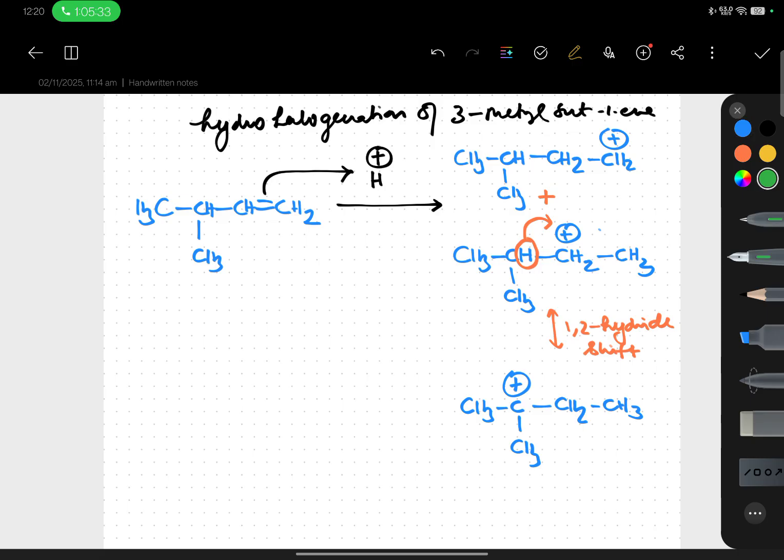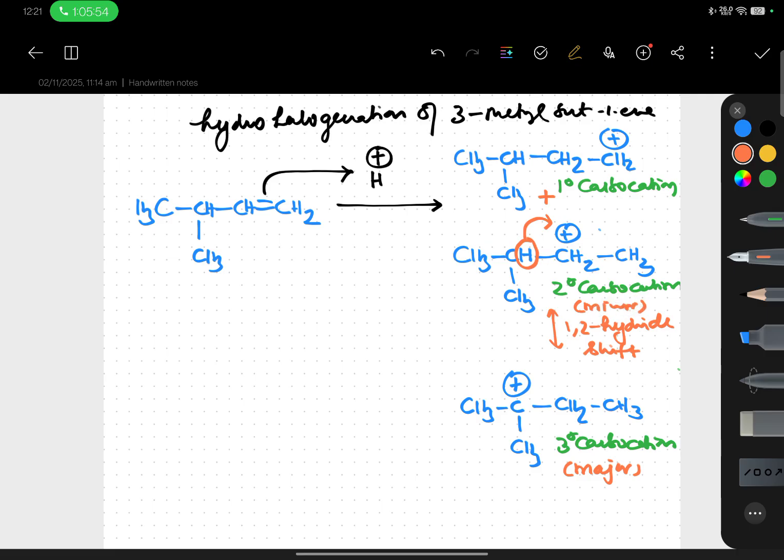So now look, what are all the carbocations? You have a primary carbocation. This is a secondary carbocation. This is a tertiary carbocation. So which will be major? This is major. This will be minor.